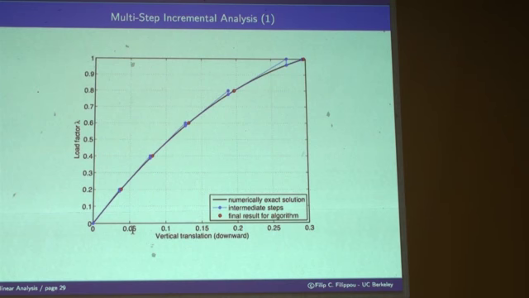For any other system, the black line is the projection of the n-dimensional response of your n-degree-of-freedom system onto the plane of vertical translation versus load factor. So your actual solution, which is these red dots, for multi-degree of freedom systems may end up actually above or below. So the graph is meaningless.